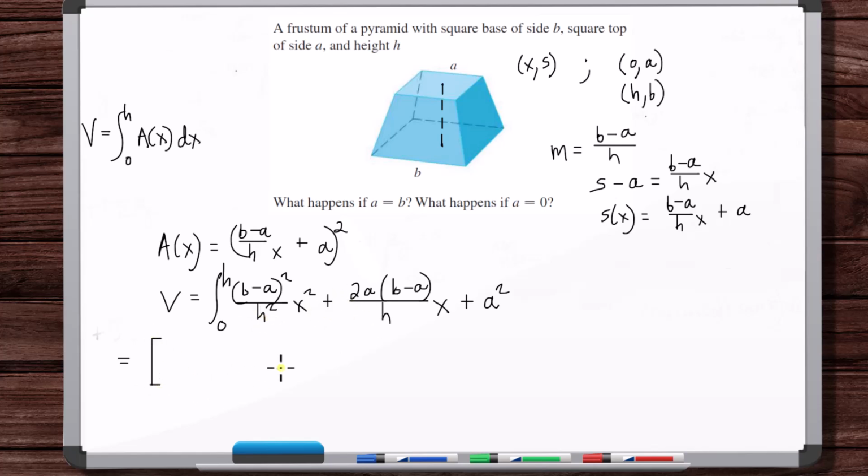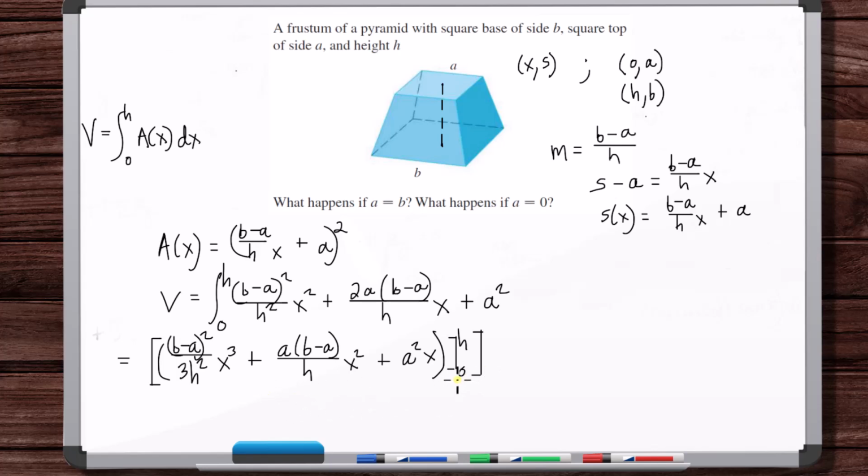So integrating this from 0 to h, when x is equal to 0, this is just nothing, so we just need to evaluate this at h.